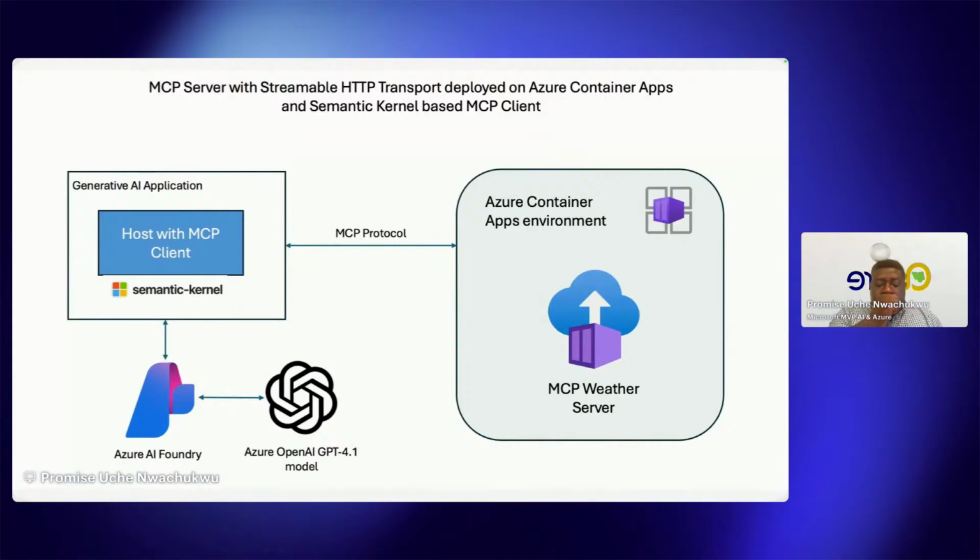So just as I've been able to do this, you can as well do the same thing. You can host all of your applications and then extend the functionality of your applications by connecting them to various MCP servers.